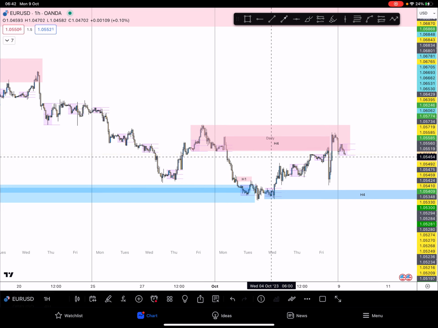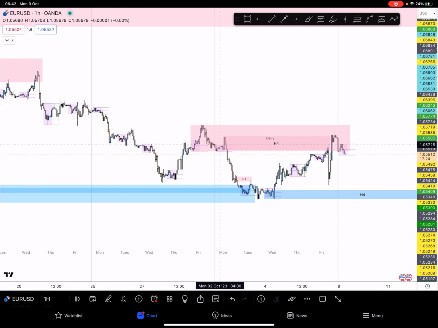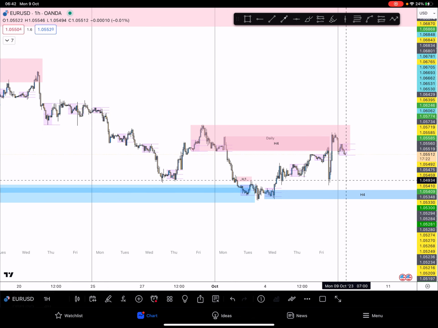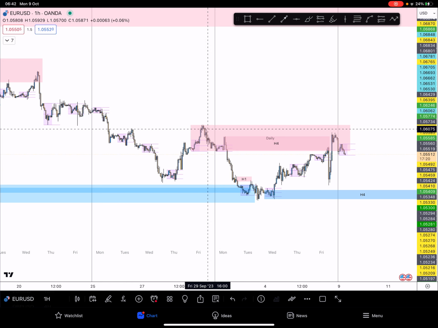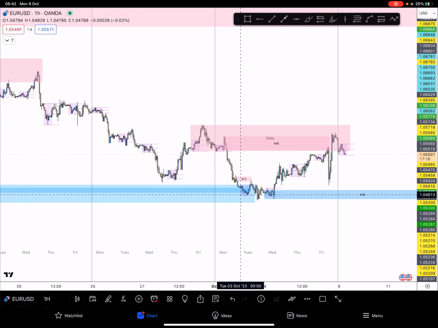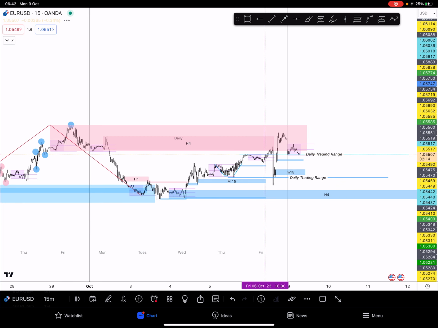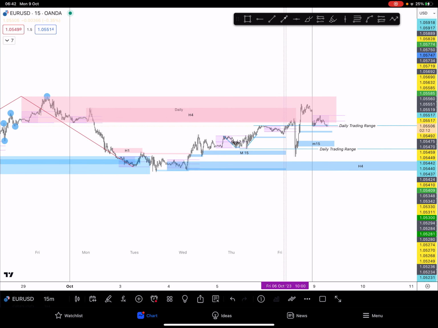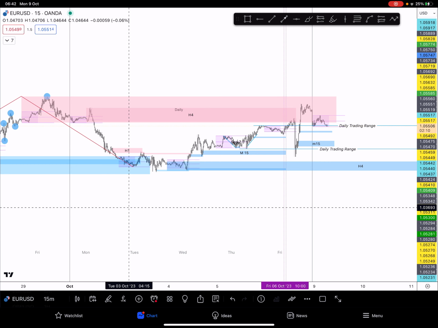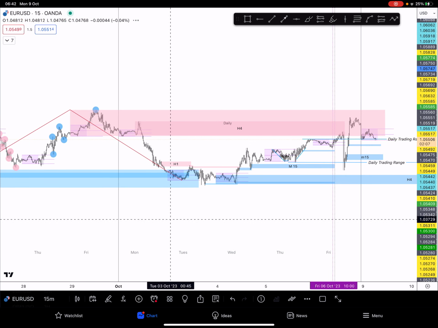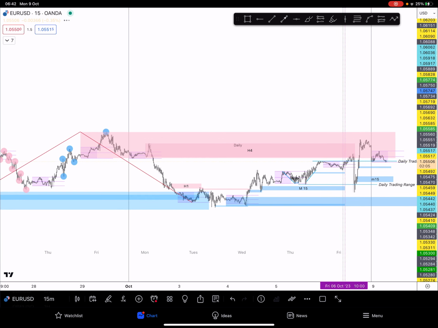So technically speaking, on H1, we are still bearish because we haven't taken out this. But if I go to the lower time frame, like M15 and things like that, there is definitely this high.